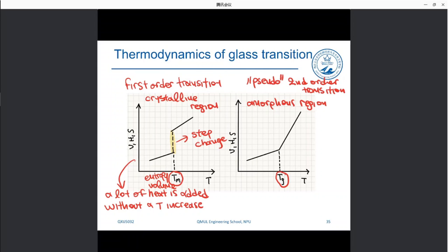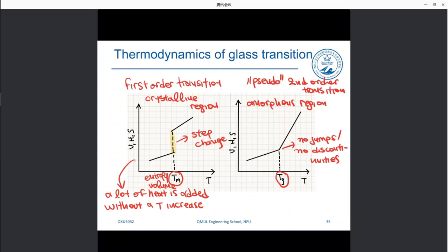And as you can observe, we don't have any jumps. We don't have any discontinuities in this graph.